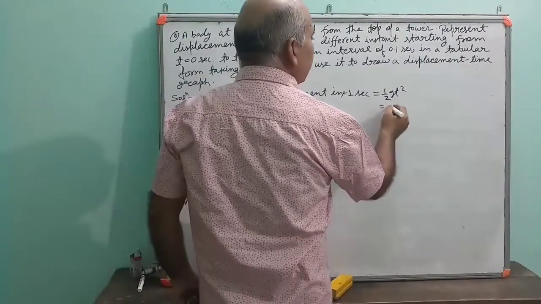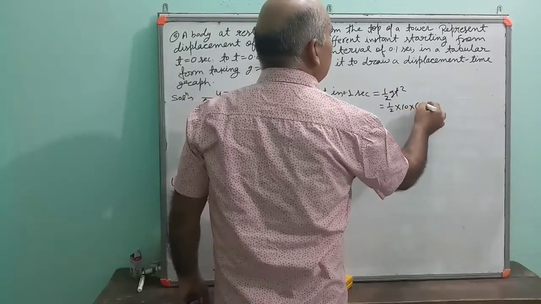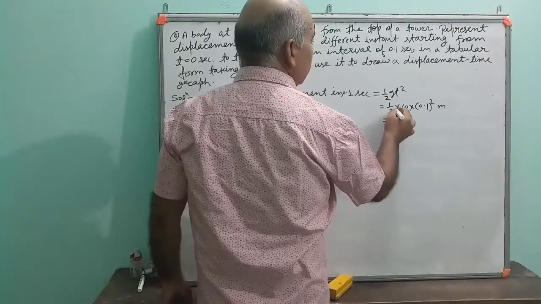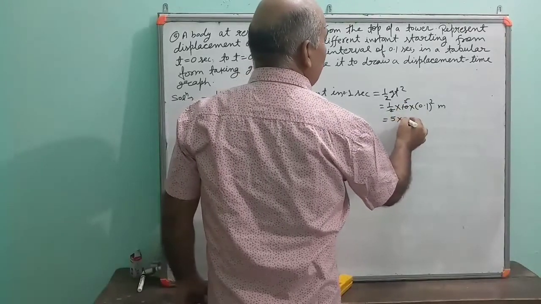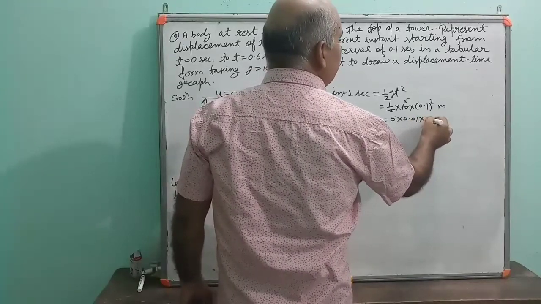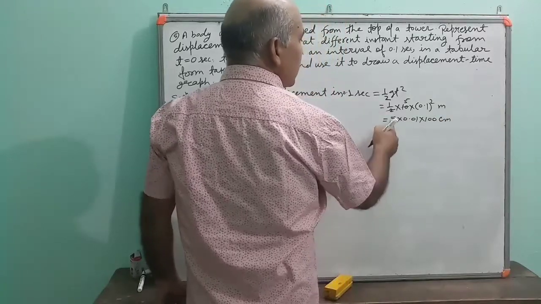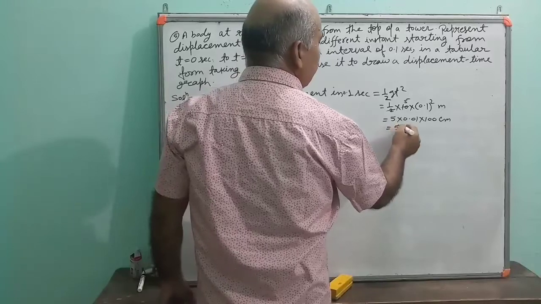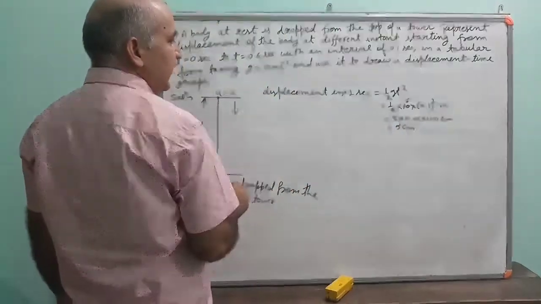After 0.1 second, what will be the displacement? 1 by 2 into 10 into 0.1 square meter. Solve it: 5 into 0.01. Change meter into centimeter, then multiply by 100. So 5 centimeter is the displacement in 0.1 second.